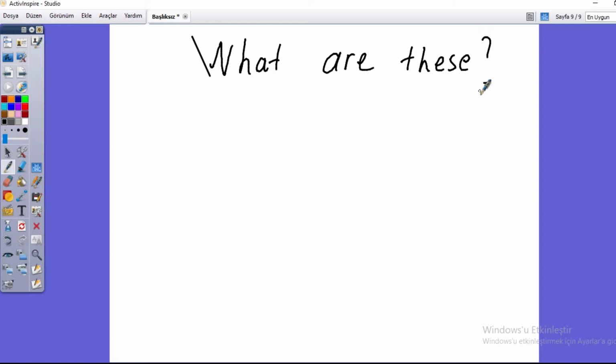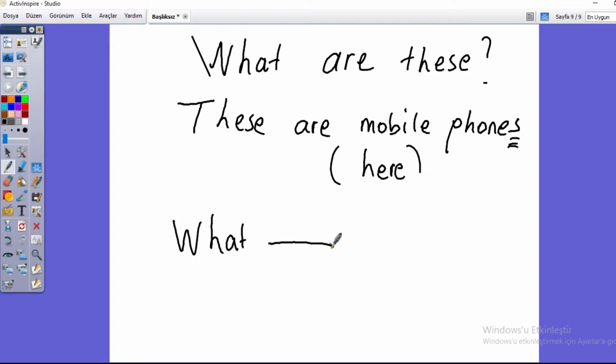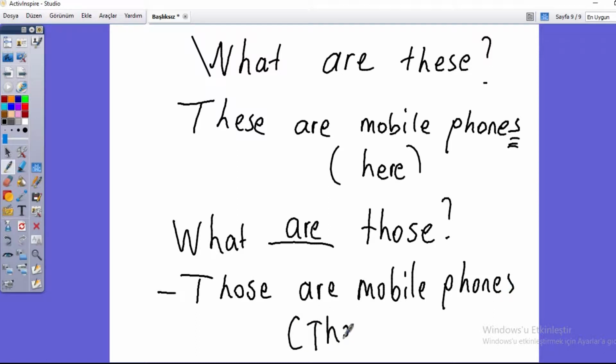And we answer, these are mobile phones, plural form, and here. When it's there, we use are for plural forms. What are those? So we say, those are mobile phones. Again plural, but the difference is this one is there.